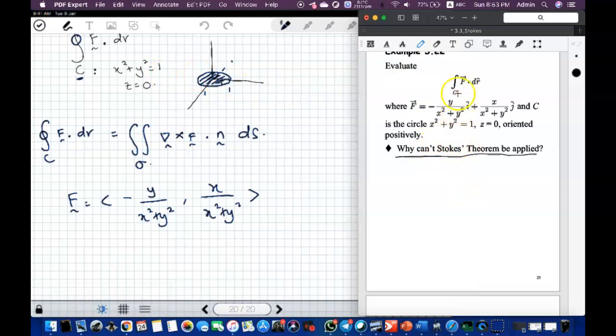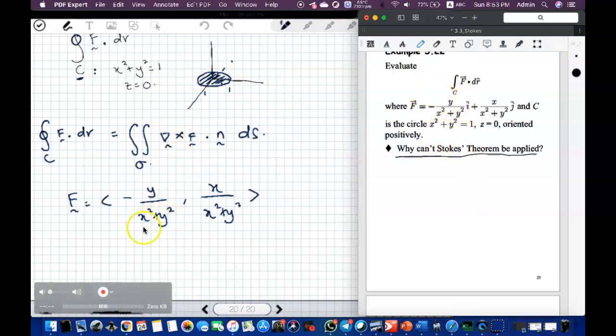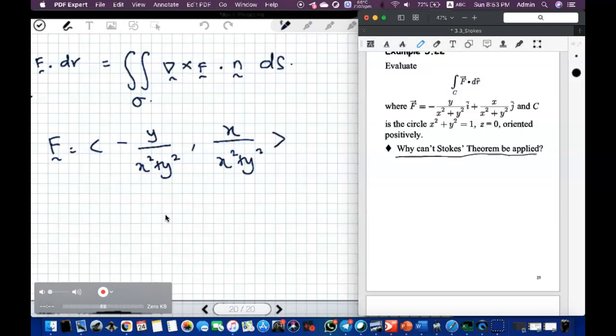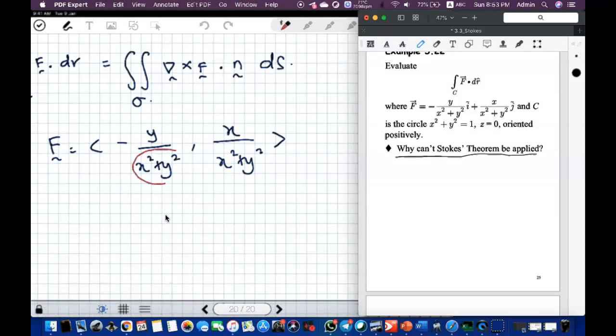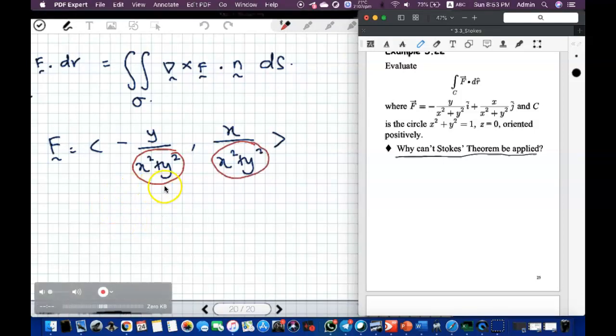Now look at your function here. The problem is, how can you say that it is differentiable, meaning it can be defined at any x and y on the surface? If you look at the denominator, is there any condition so that F can always be defined at any x and y on the surface given here?